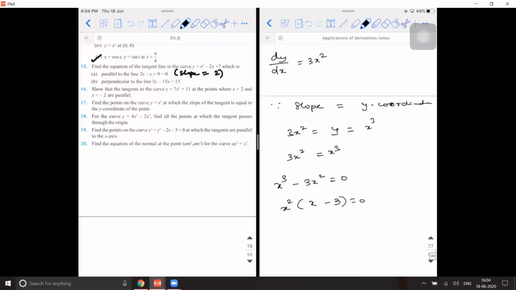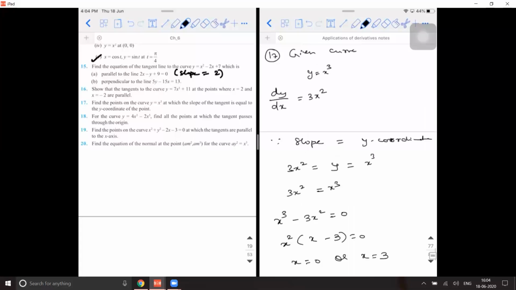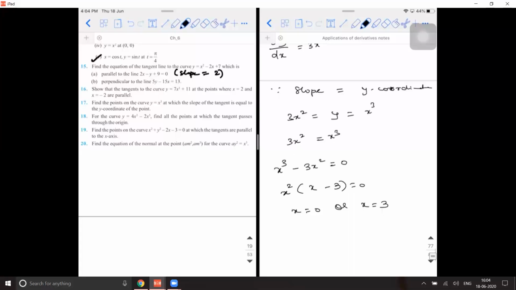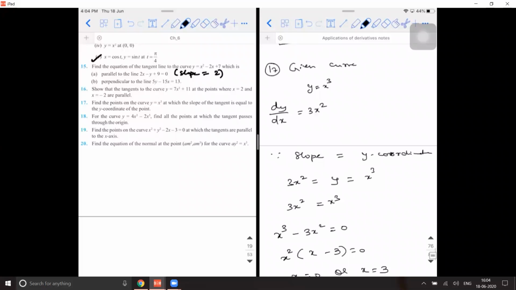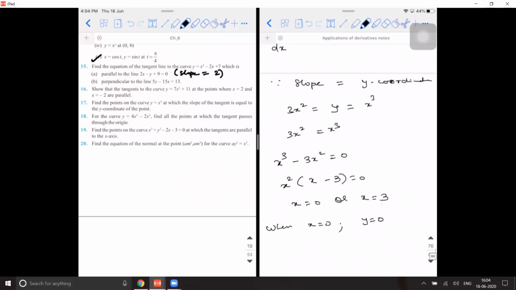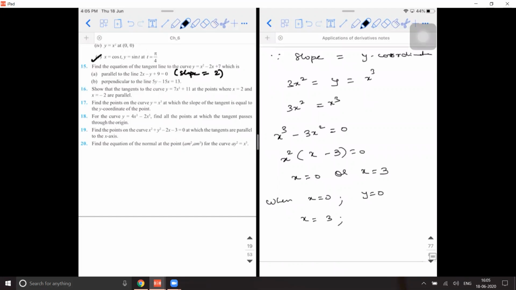So what are the two possible values of x? x is equal to 0 or x is equal to 3. When x is 0, y will also be 0. When I ask this question, you have to substitute it in the curve. Similarly, when x is equal to 3, y is 27. So the two coordinates possible are the origin and 3, 27.